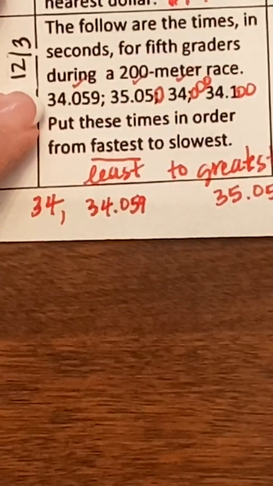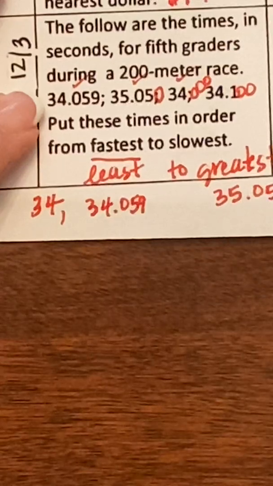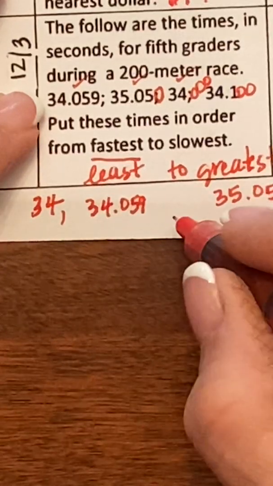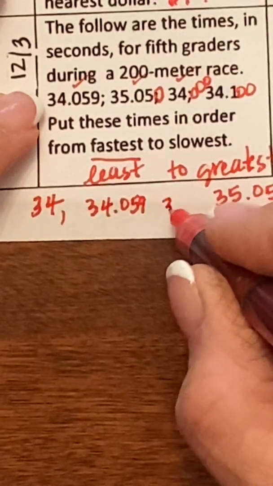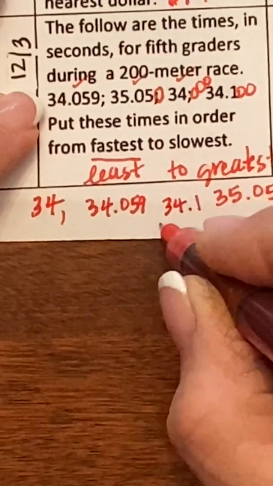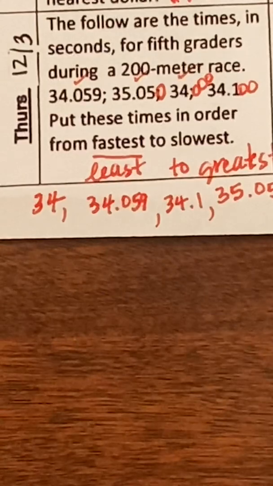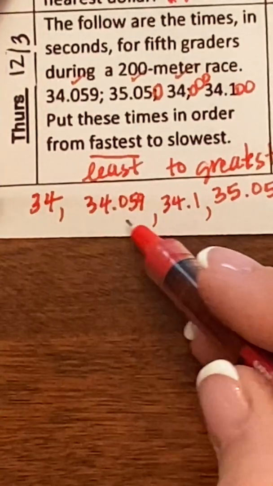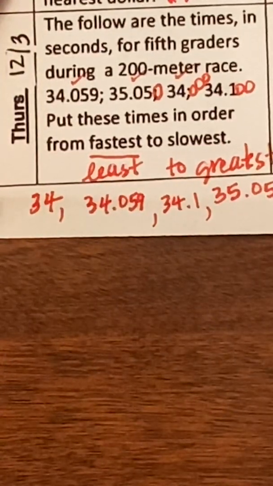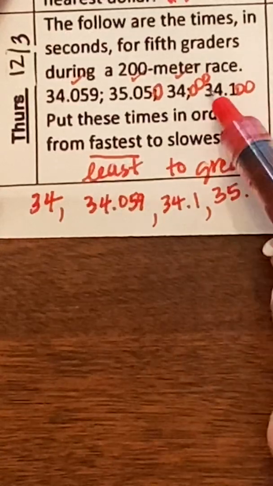And then what do we need now? We need this one, back in its original form. The least building to greater. Those zeros right there are key to help us understand.